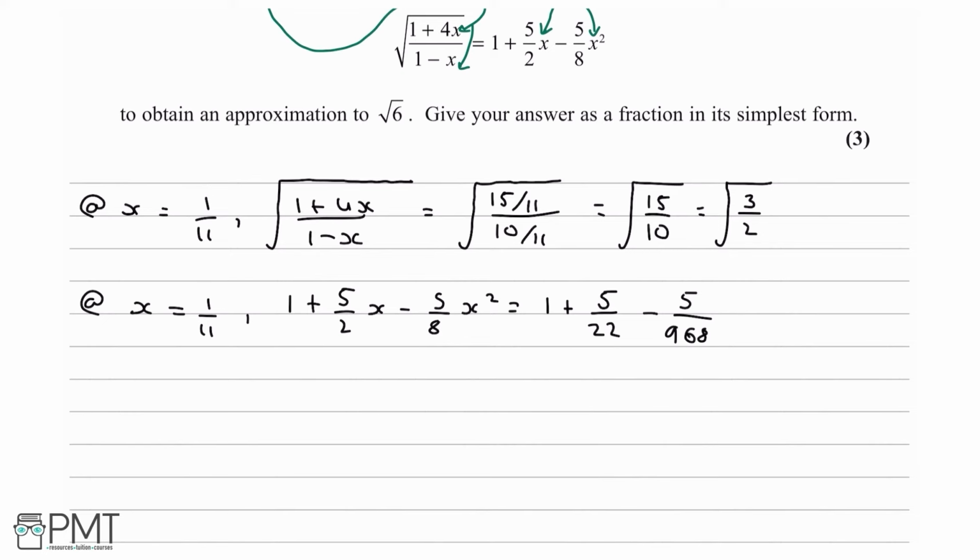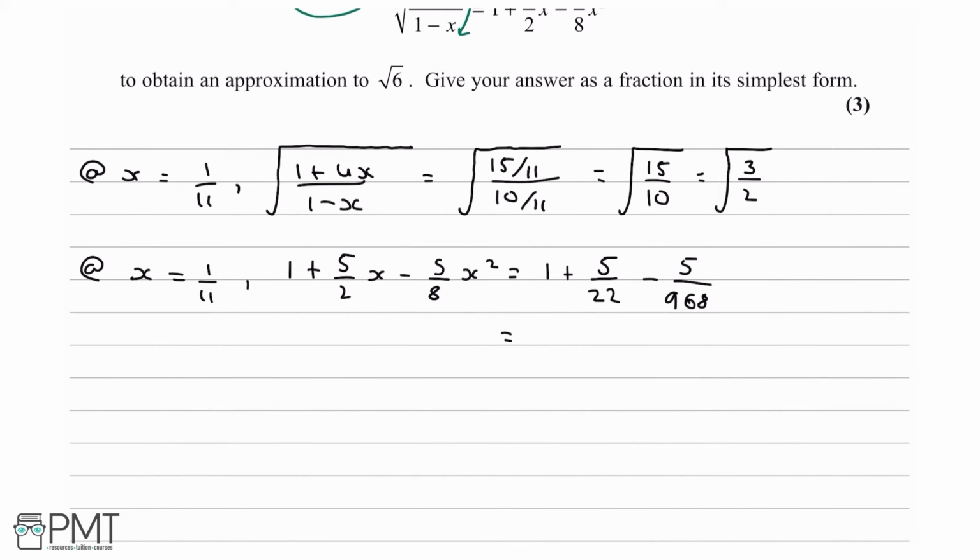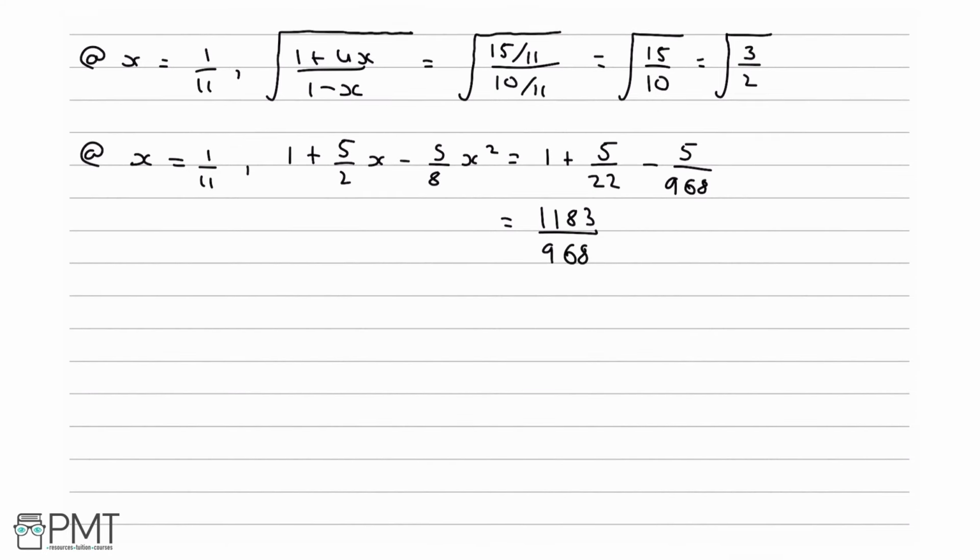Summing these up on my calculator gives a final expression of 1183 over 968. So root 3 over root 2 equals 1183 over 968.